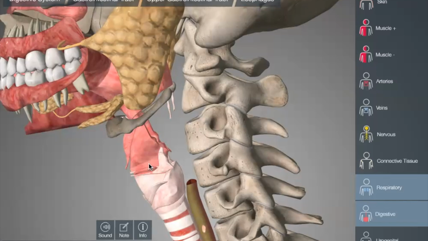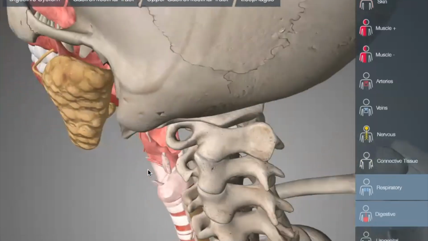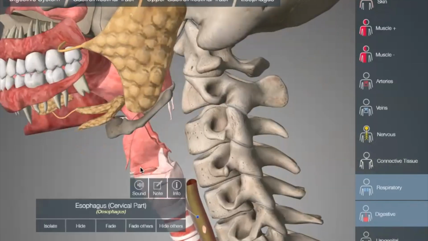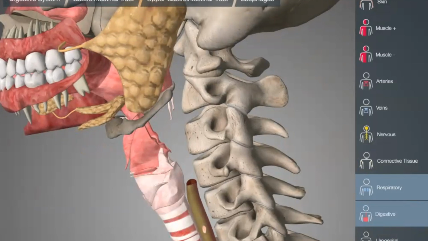So now the food also takes that route, and gets trapped in this area, and you start to cough. That's why you have this choking reflex. You start to cough, and if it's really dangerous, it blocks that area within the vocal cords that I will show you in a bit, and then you really need help. Someone needs to press on your stomach to push air out of your lungs to cause that piece of food to go out, go up this way.